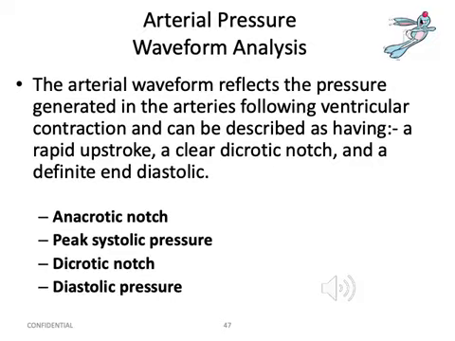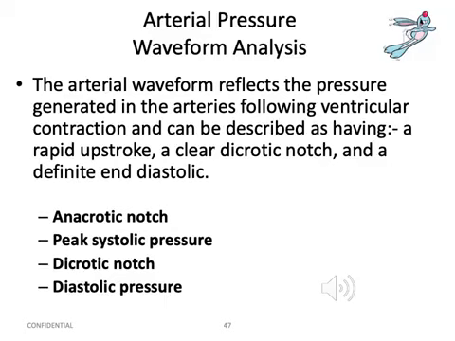Now, as nurses, we should be able to analyze the waveform of the arterial pressure, because it gives us more insight into arterial pressure and the accuracy of the reading. Of course, the arterial waveform reflects the pressure generated in the arteries after ventricular contraction.